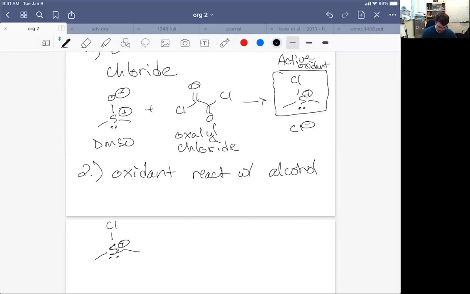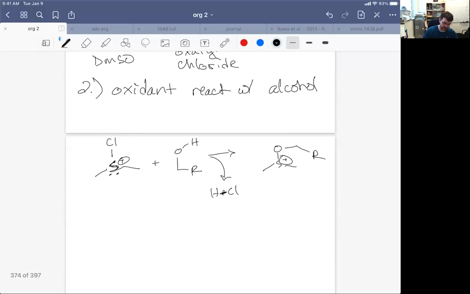So we have the sulfur in the middle with the positive charge attached to chlorine, and we're going to let that react with our oxygen. The H and the Cl are going to go away. You can have them bonded together, sure, but they're a byproduct. What we're really going to get is a product where the sulfur is now attached to oxygen, and the oxygen takes with it everything that went along for the ride. Now the sulfur is the only thing that's positively charged. If you notice, we're not at the ketone yet.